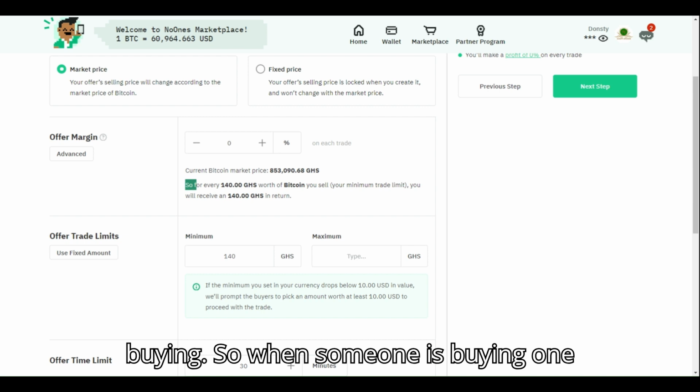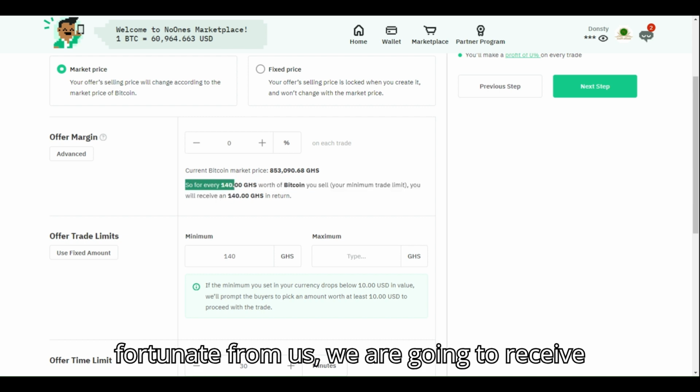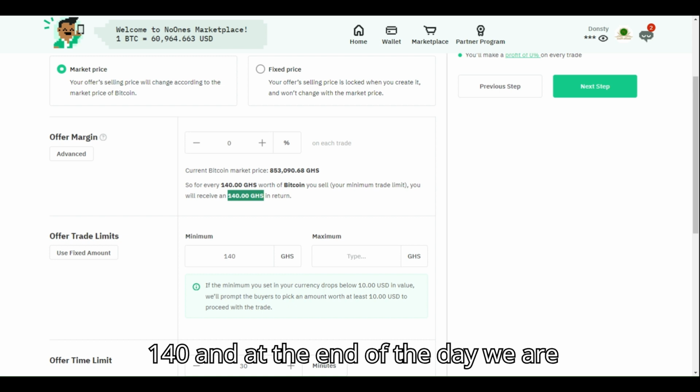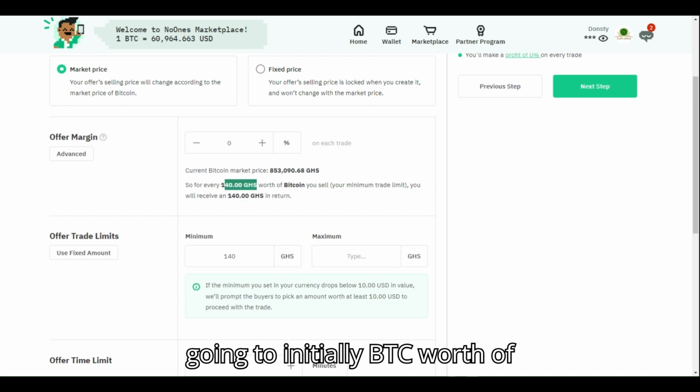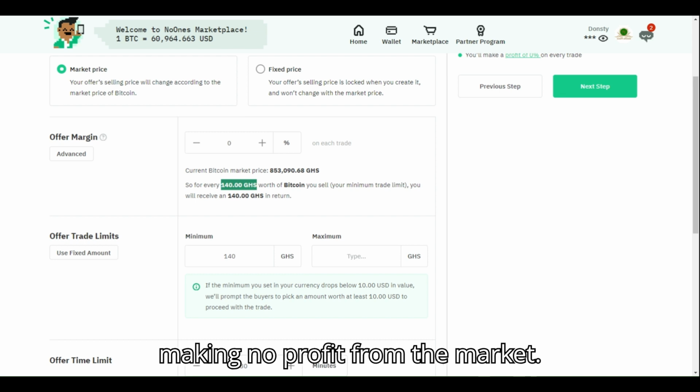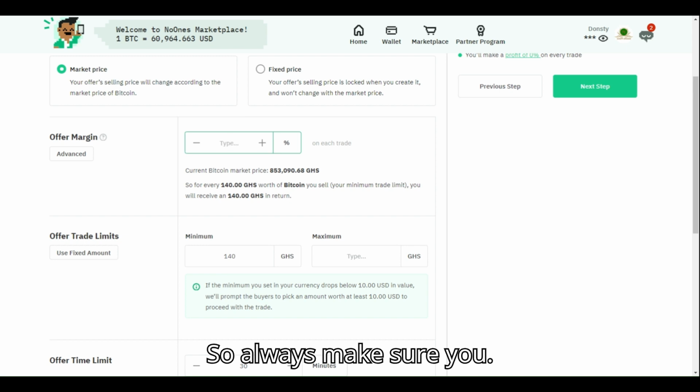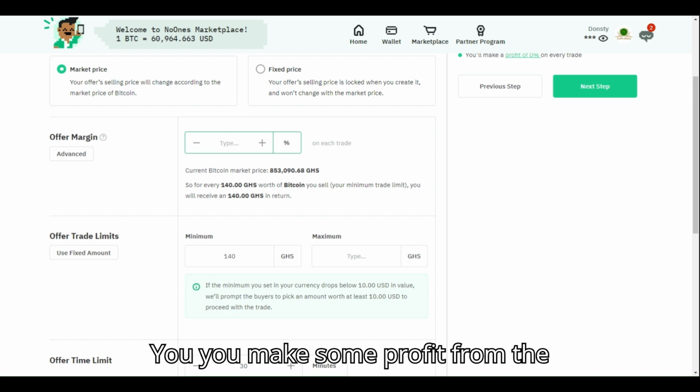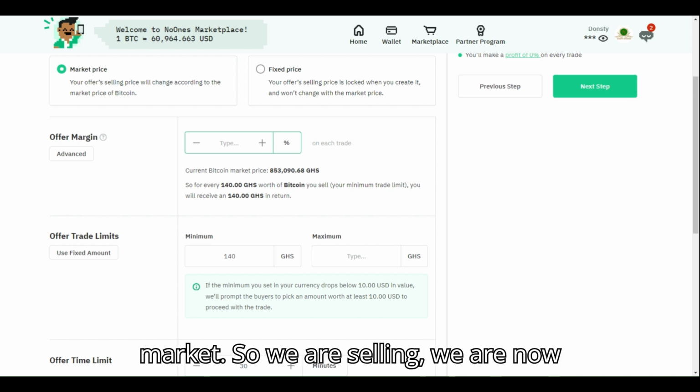So when someone is buying 140 Ghana cedis from us, we are going to receive 140, and at the end of the day we are going to release BTC worth 140 to the person, which means we are making no profit from the market. So always make sure you make some profit from the market.